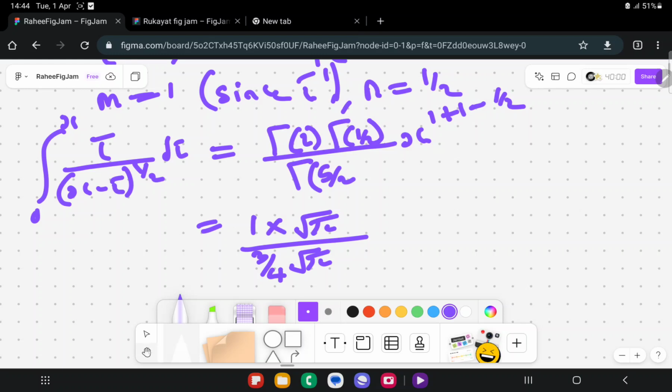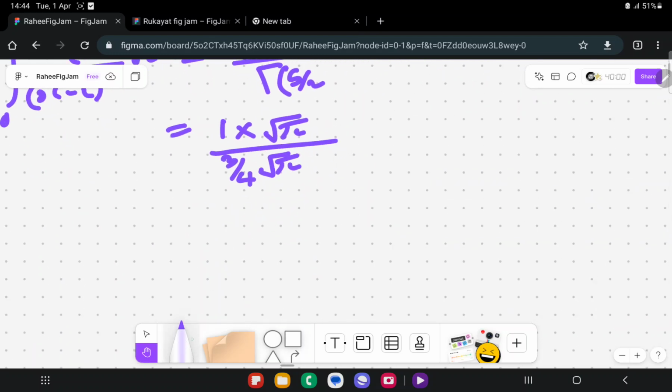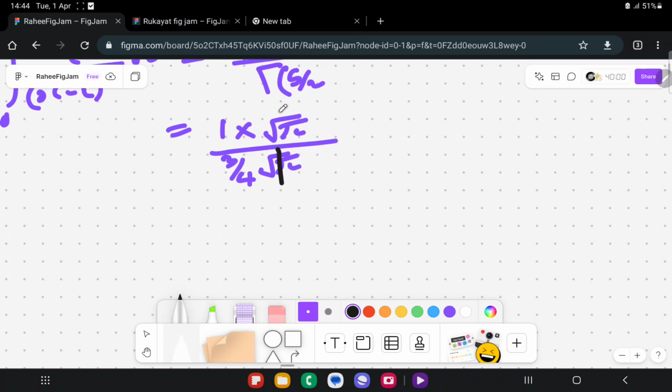So that is what we have. If we try to simplify this, then this is equal to 4 over 3.